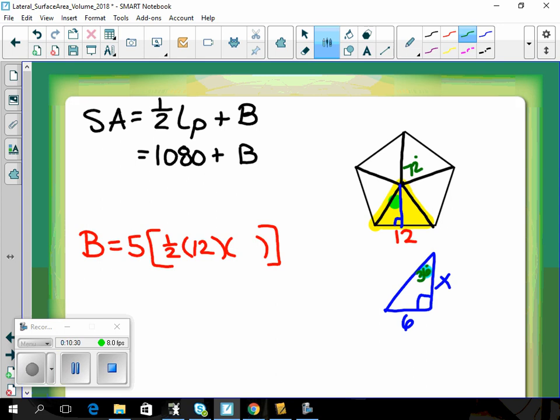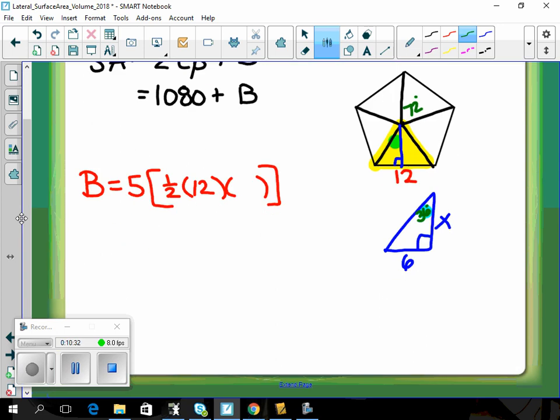All right, so now, Cynthia says we have to use trig. Which one? Sine, cosine, or tangent? It is tangent. Very good. Looking at my angle, we have opposite and adjacent. That's TOA, tangent. So the tangent of 36 is equal to, and I have to write a fraction on the other side.